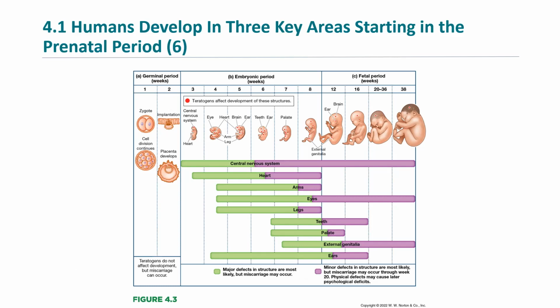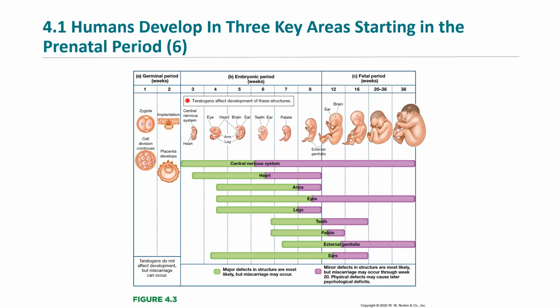Problems can occur in each period of prenatal development. This picture shows the three periods listed along the top: the germinal period, the first 2 weeks, the embryonic period from 3 to 8, and then the longer fetal period. Let me talk about the types of problems that may occur in each period. If there are problems during the germinal period, it usually results in a miscarriage.